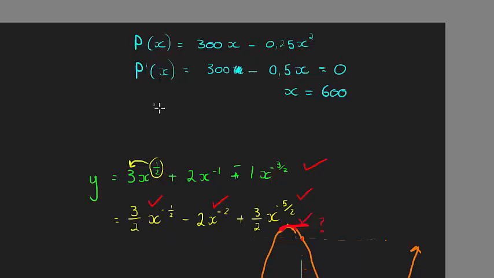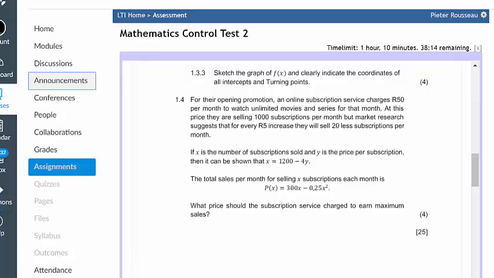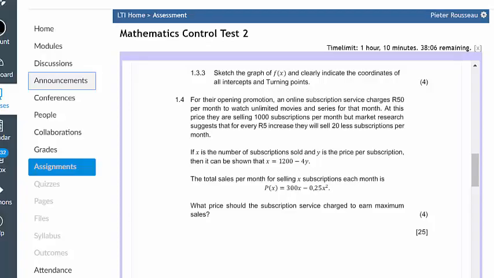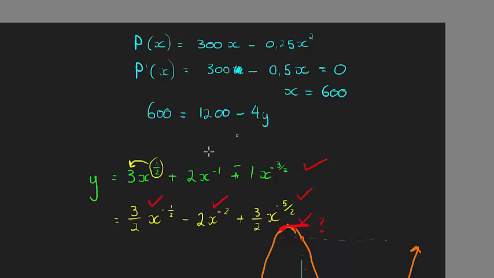So 600 is equal to, and now I get 1,200 minus 4y. And if I solve for y, then I get 4y is equal to 1,200 minus 600, and then 600 divided by 4 is 150. In other words, they should charge 150 Rand. Cool. And that was it.